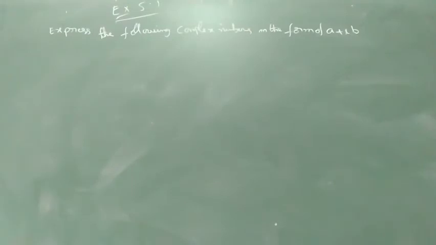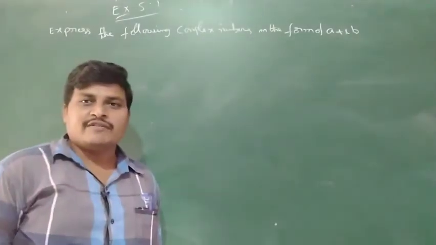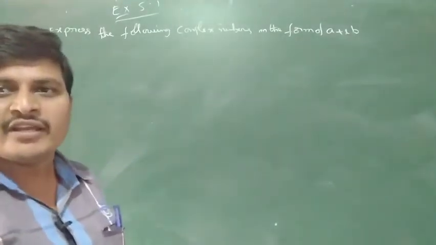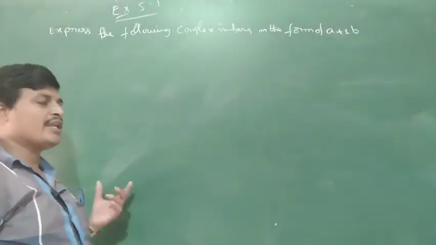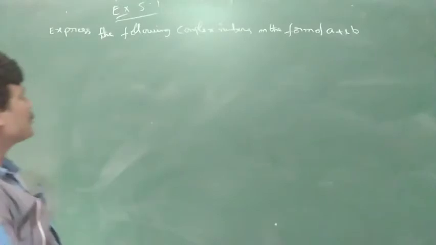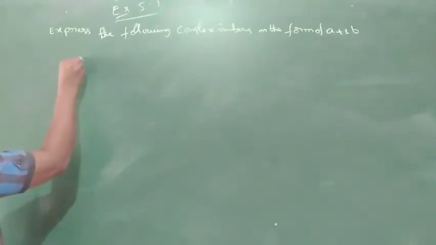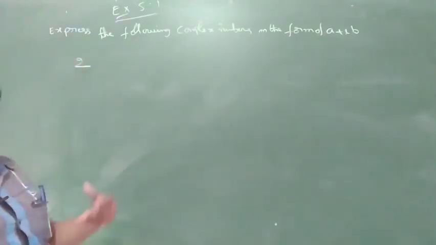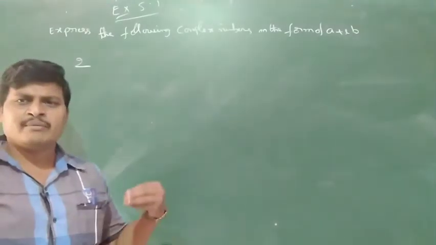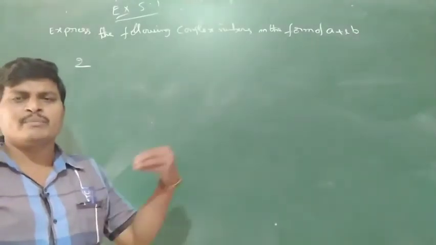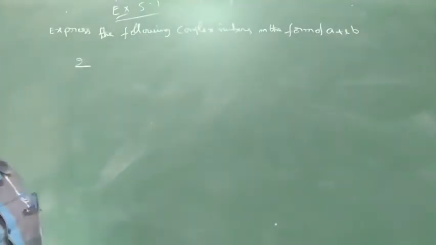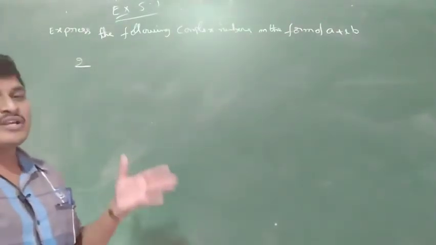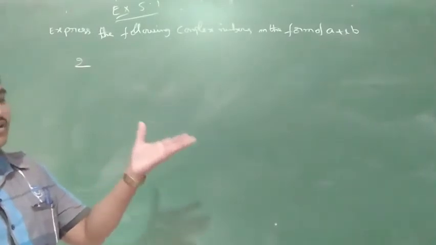What is the definition of a complex number? A number of the form a plus ib, where a and b are real numbers. So 2 is a real number, and 2 is also a complex number. Any number is a complex number. That number is of the form a plus ib, and this form is called a complex number.